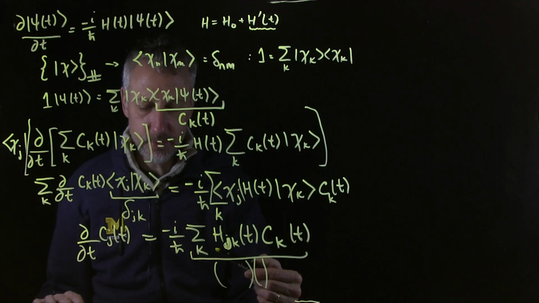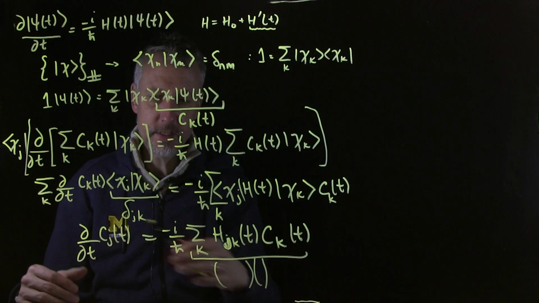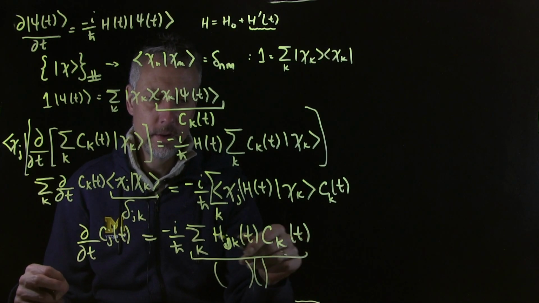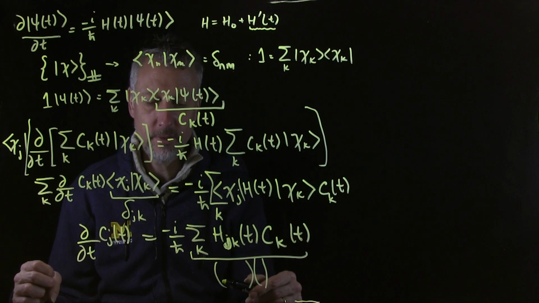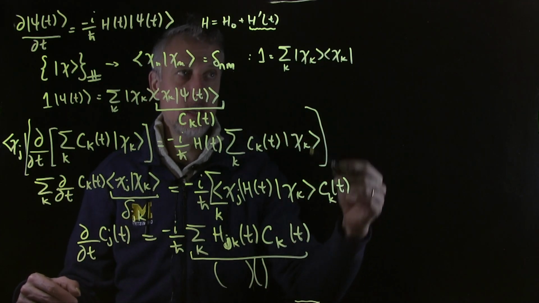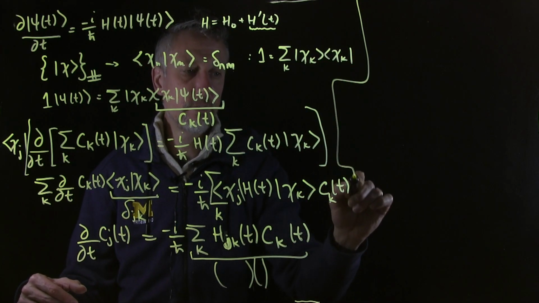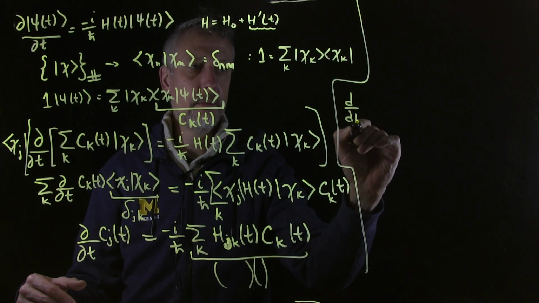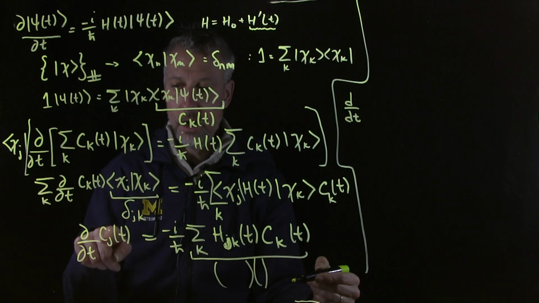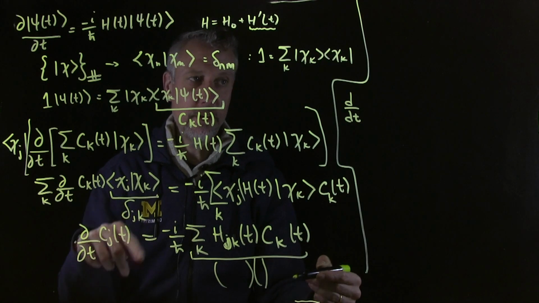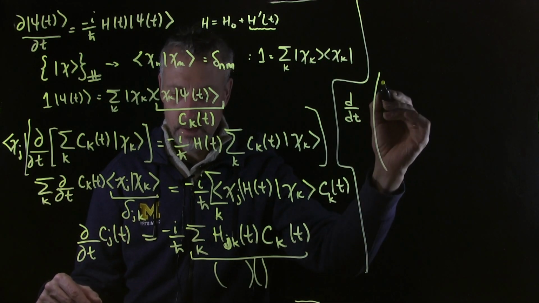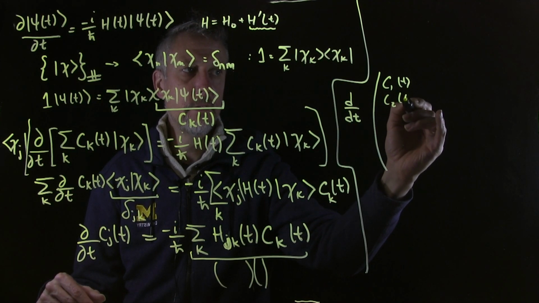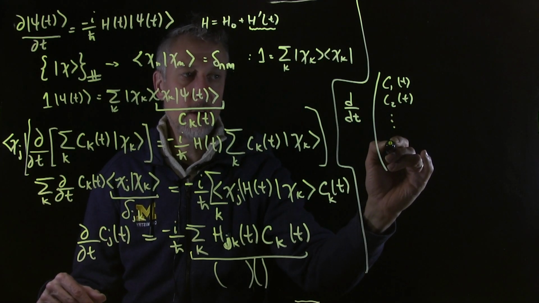So when we realize we can do this for every single term j, then we'll have done it for the total multiplication of this matrix times the vector. So we can summarize everything here like this. You can write d by dt of the c coefficients, which I will write in this way: c1 of t, c2 of t, all the way down to however many we have.